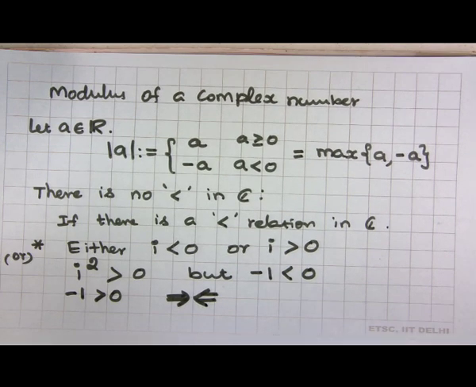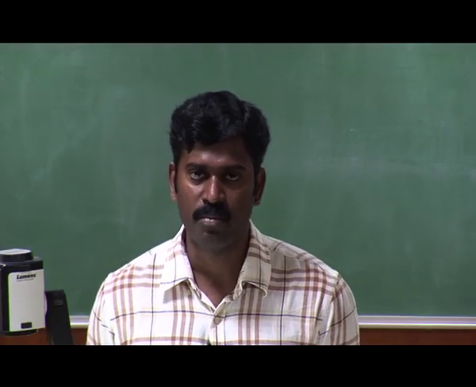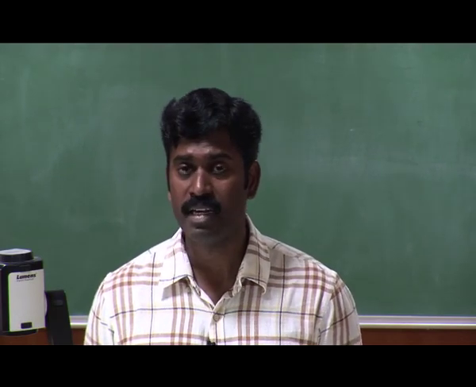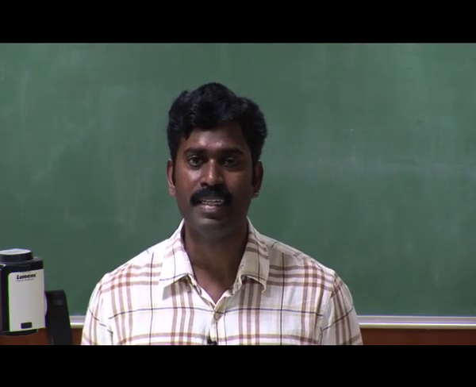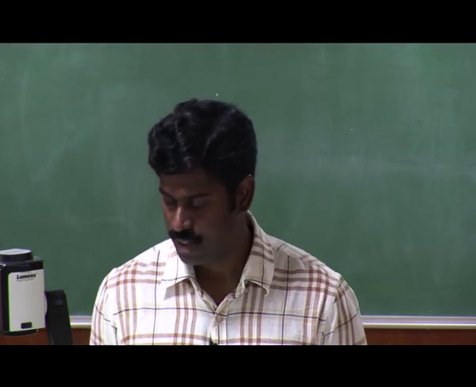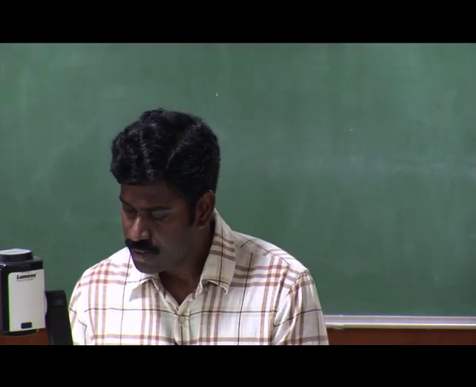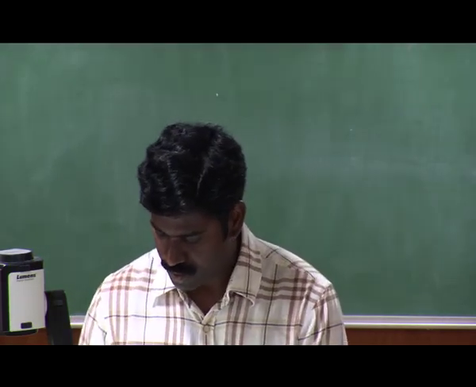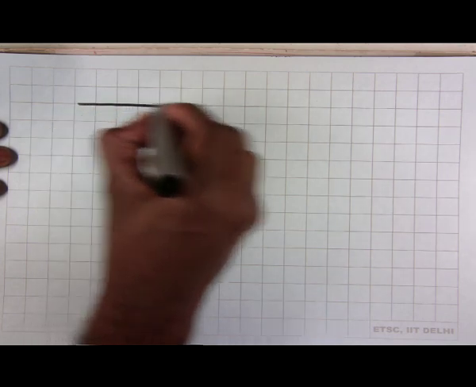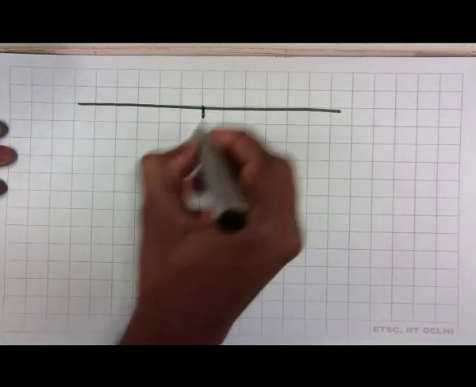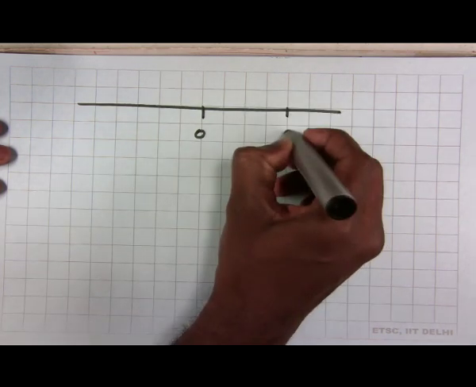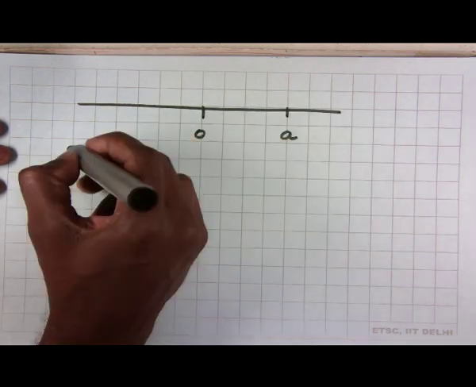So, what are we encountering? We are encountering that we are not able to define the modulus as usual like in the real line, but we can try to see what it physically represents. Then we maybe can associate modulus in a different sense. So, when we are taking a real line, there is a, it may be a positive number, may be a negative number.